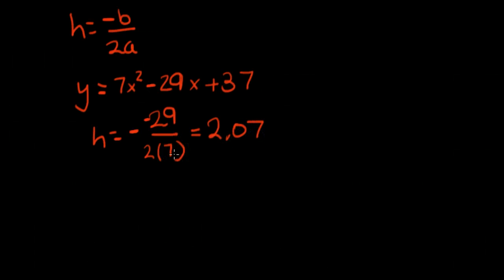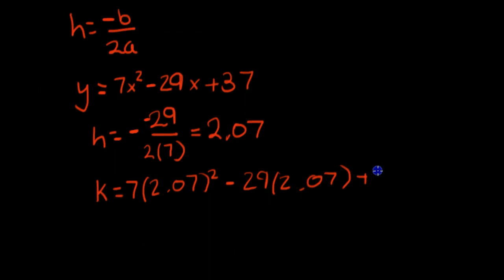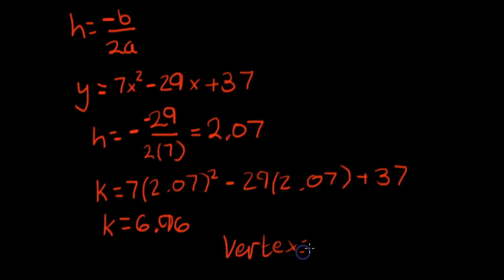Now we have the x-coordinate of the vertex, and all we have to do to find the y-coordinate is substitute this in for x. So the y-coordinate k equals 7 times 2.07 squared minus 29 times 2.07 plus 37. So k equals 6.96. So now we know that the vertex is the point (2.07, 6.96).